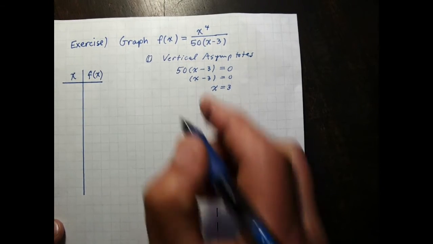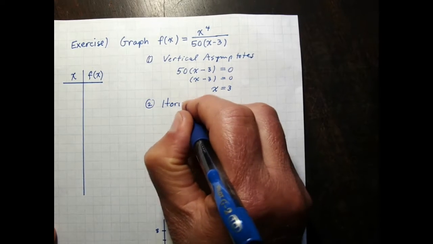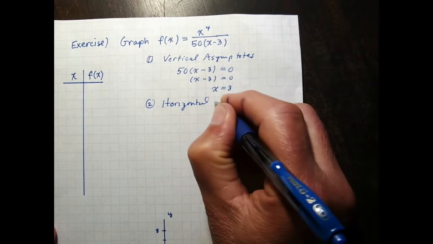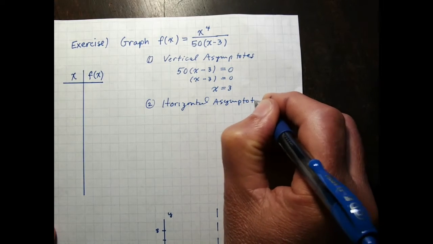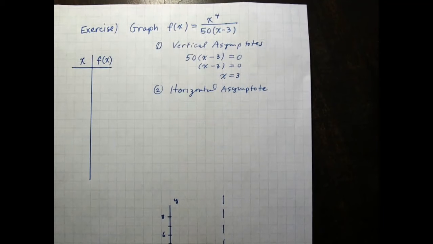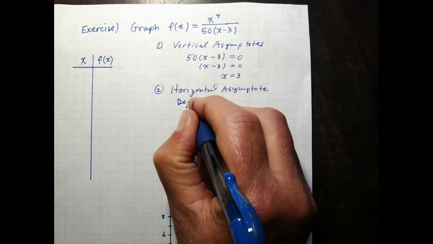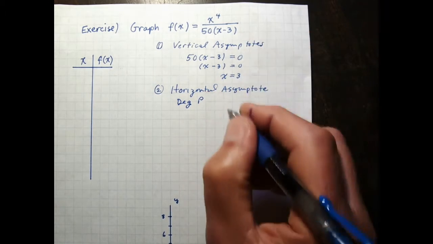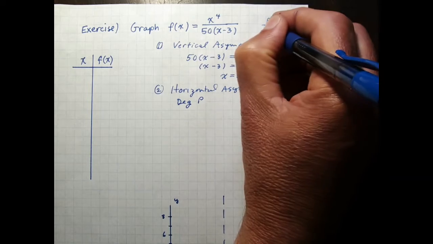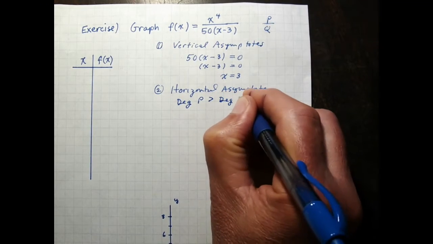And now step 2 is we're going to check for horizontal asymptotes. And there can only be one if there is one. But here, notice that the degree of the numerator, or the p function on top, if we think of this as p over q, is greater than the degree of the denominator.